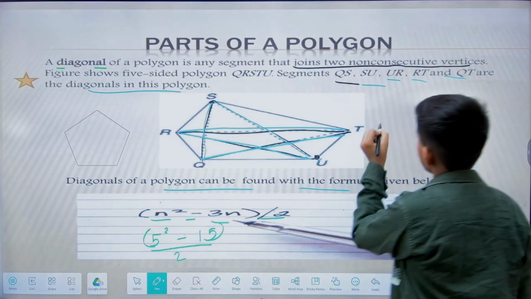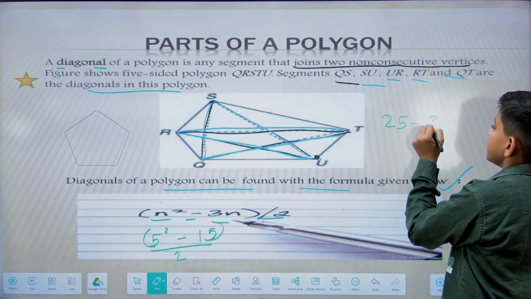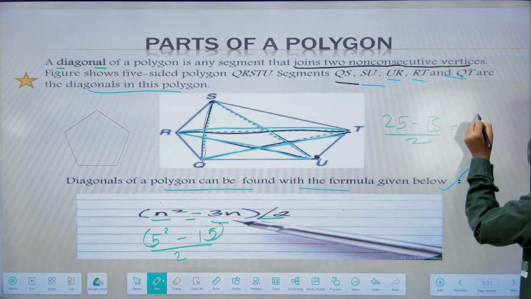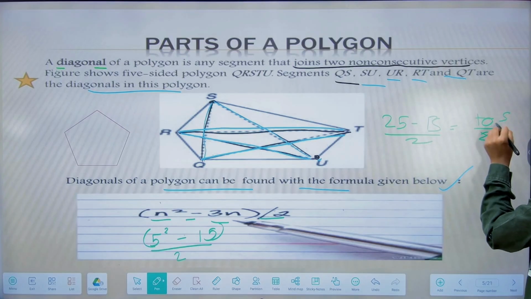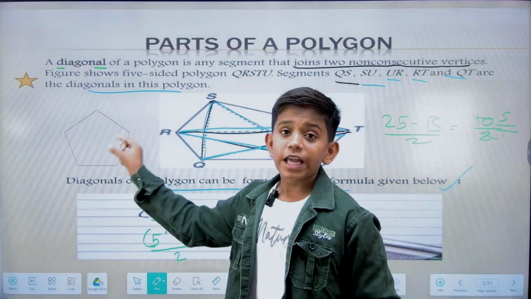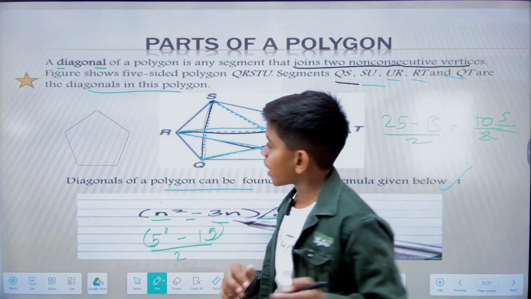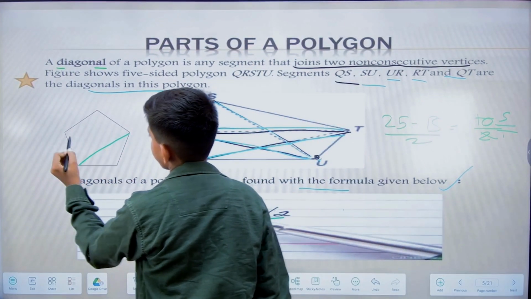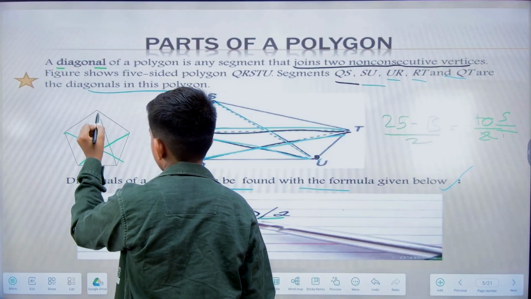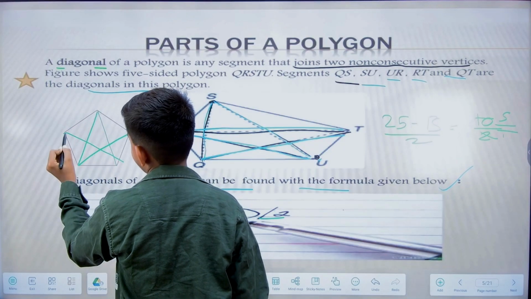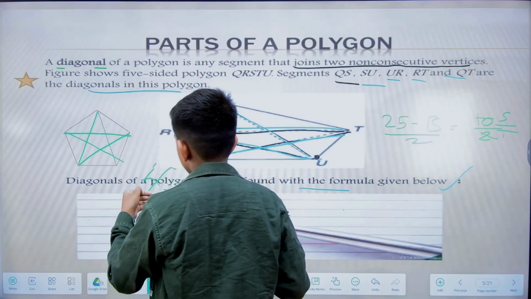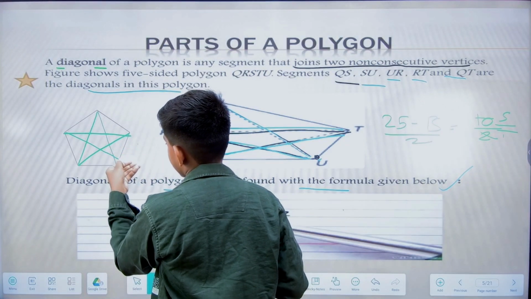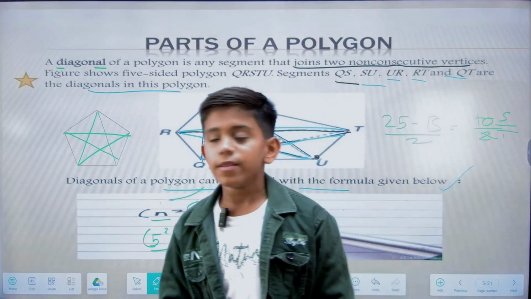That means 25 minus 15 divided by 2 is equal to 10 divided by 2, which is 5. So there are 5 diagonals in this figure. Let's check: 1, 2, 3, 4 and 5. Yes, our formula is definitely correct. So we have also checked that there are 5 diagonals in a pentagon.